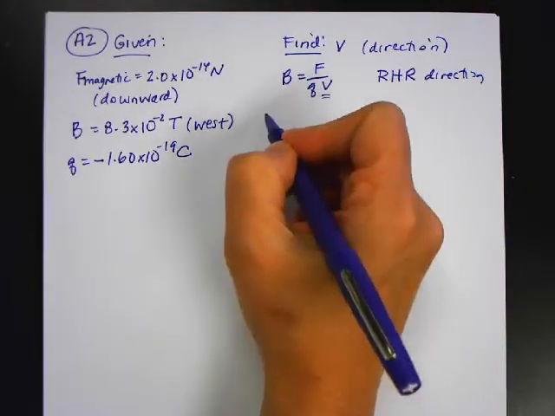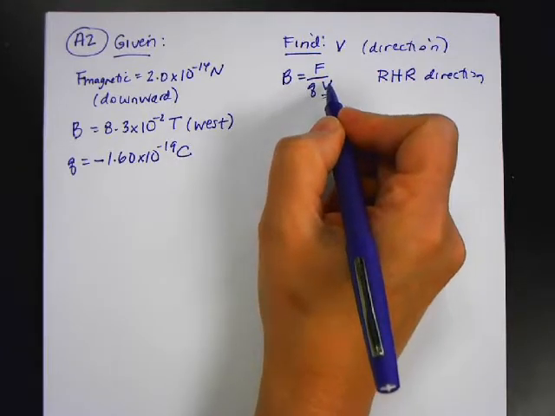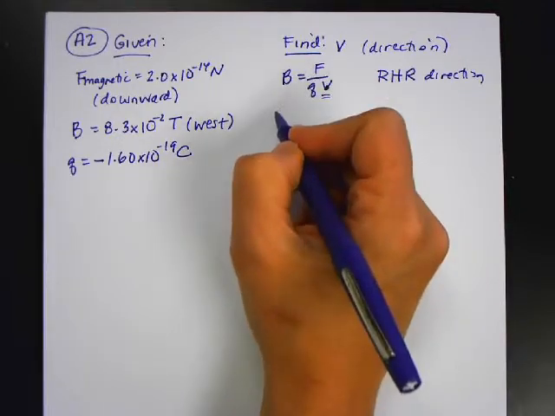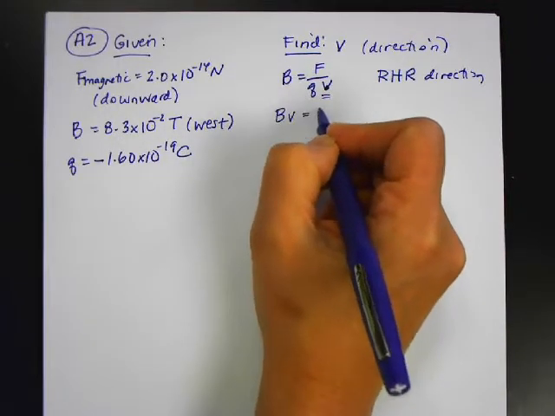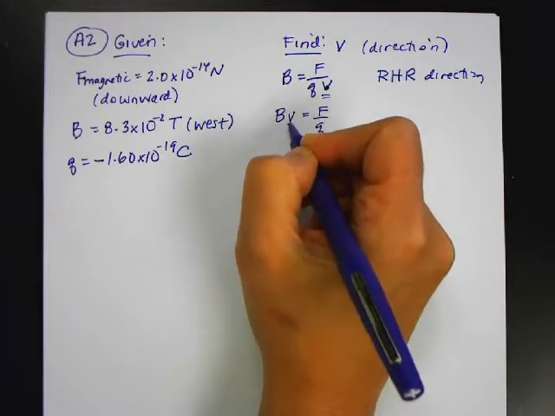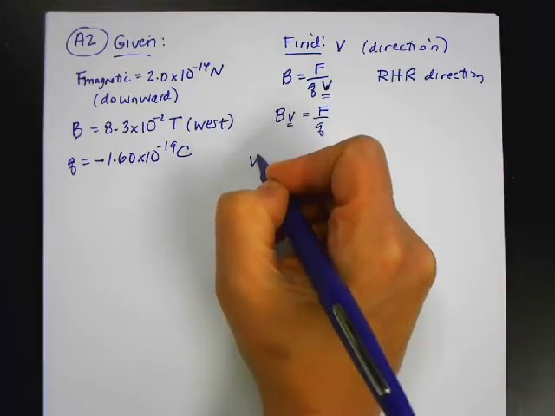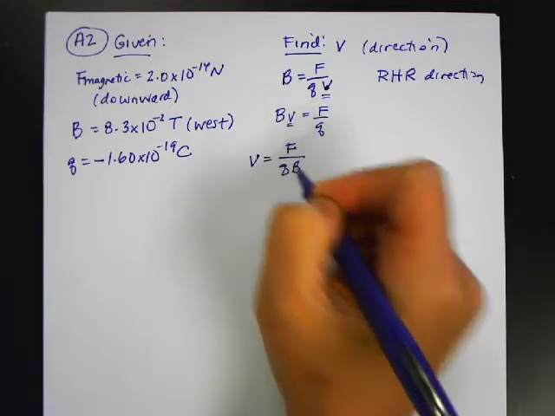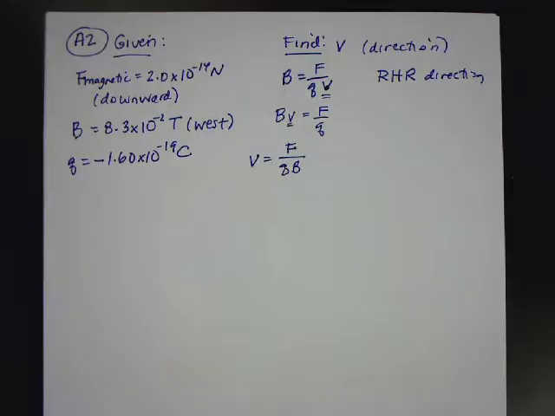You can multiply both sides by this. Well, since I want to solve for V, this needs to be in the numerator all by itself on one side of the equal sign. So I can say BV is equal to F over Q, but I just want to solve for V. So I'm going to say V is equal to F over QB. So if I don't want to make an algebra mistake, I'll do it in 2 steps.